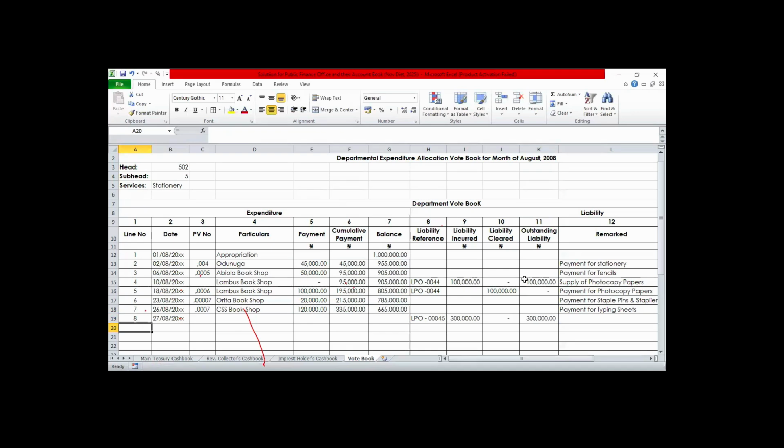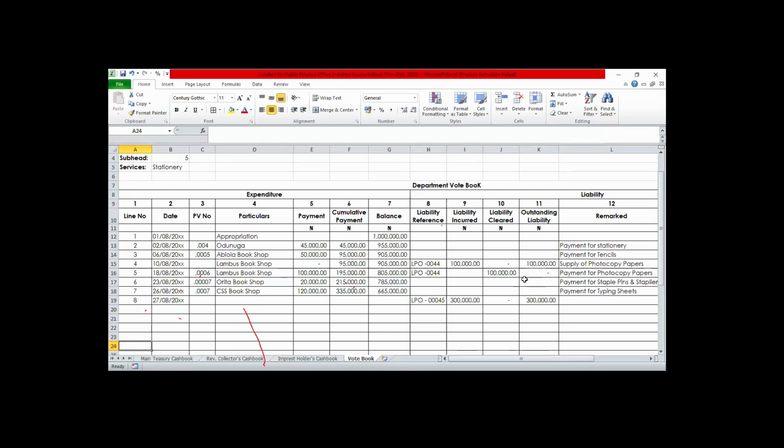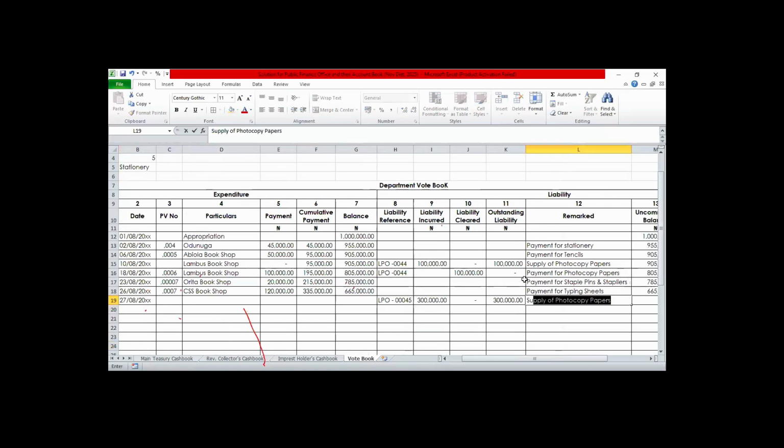Is it cleared? Okay, we will add it together. It will now be 400, but we have done the payment. That is why we're having 300. Okay, outstanding. Then supply of what?